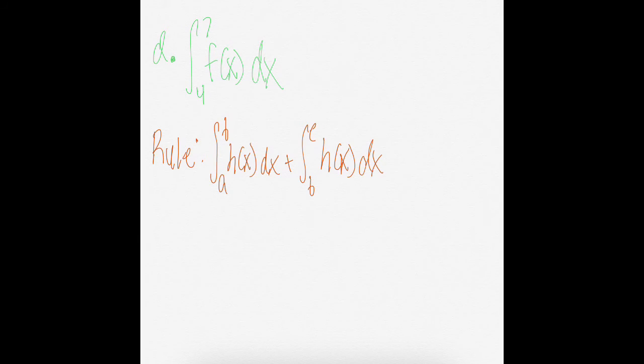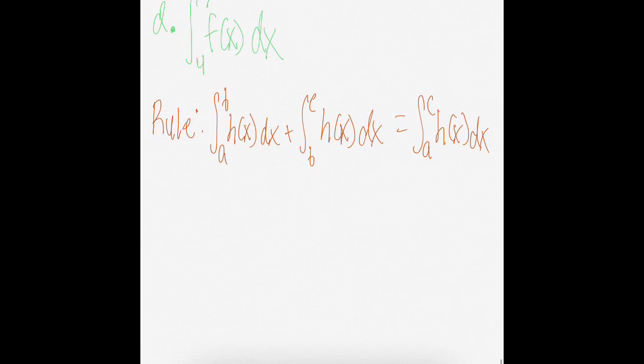But what I can do, and this is the rule for this part of the problem, is that the integral from a to b of h of x dx plus the integral from b to c of h of x dx equals the integral from a to c of h of x dx.